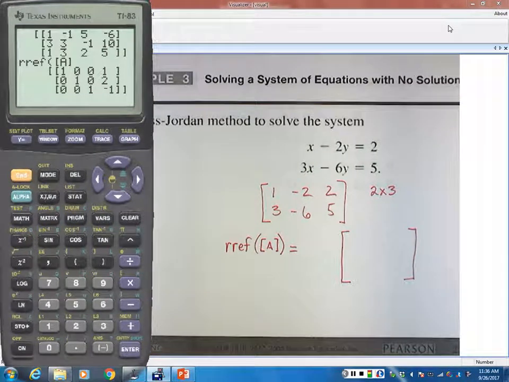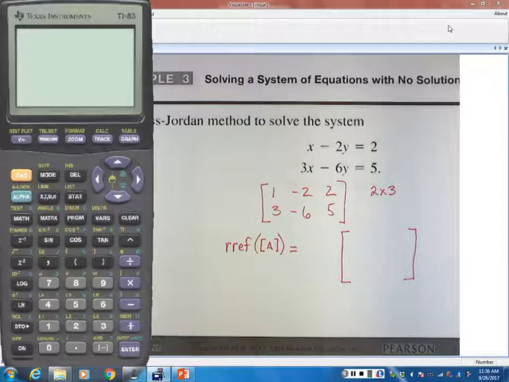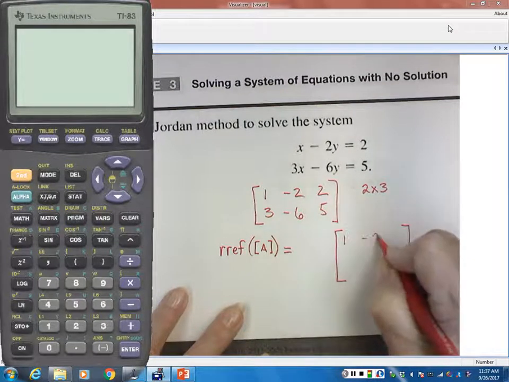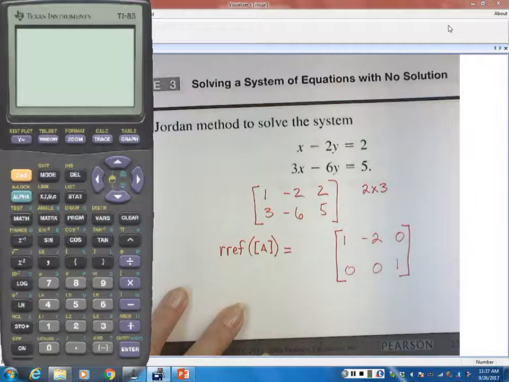So when you do your reduced row echelon form, what do you get? One, negative 2, 0, and 0, 0, 1, negative 2, 0, and then 0, 0, 1? 1. Yes. Okay.